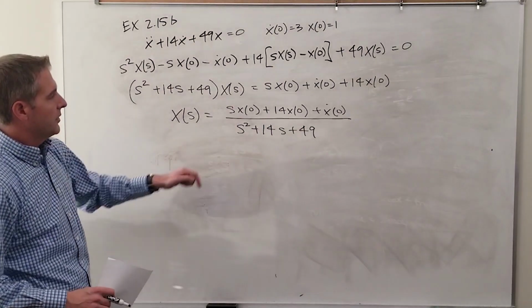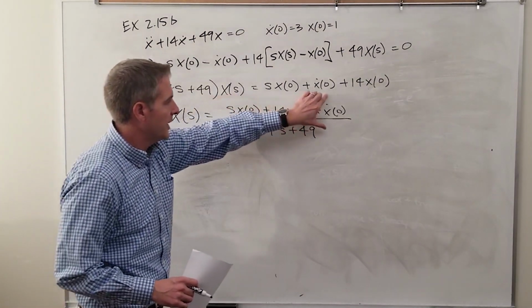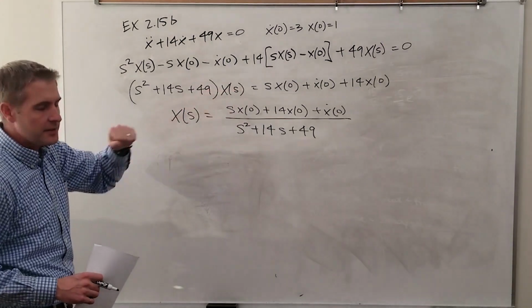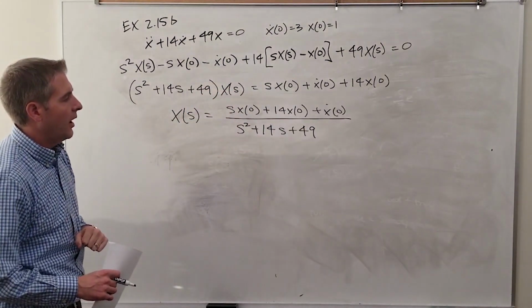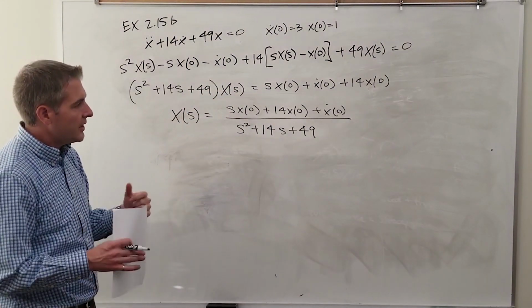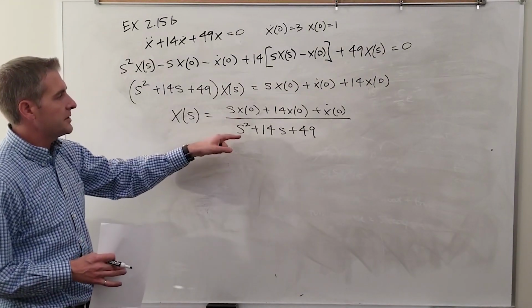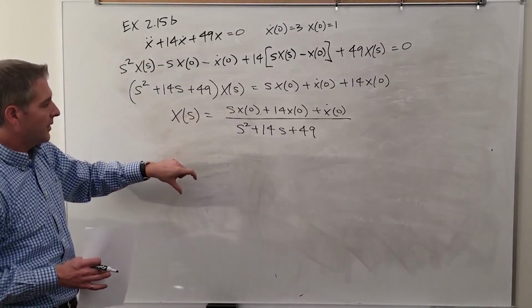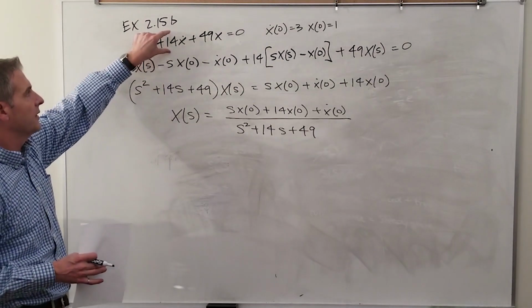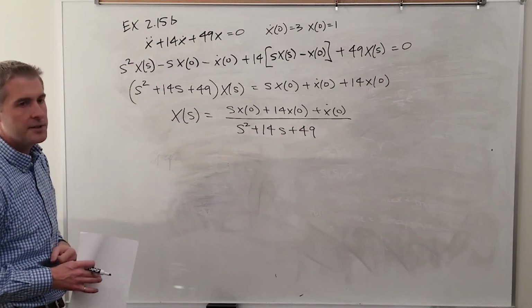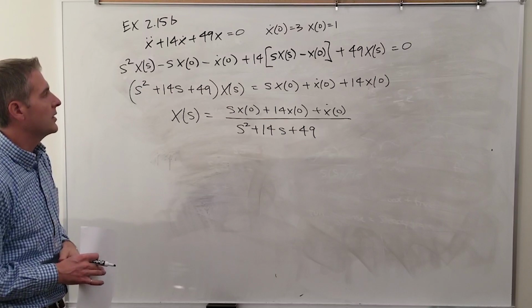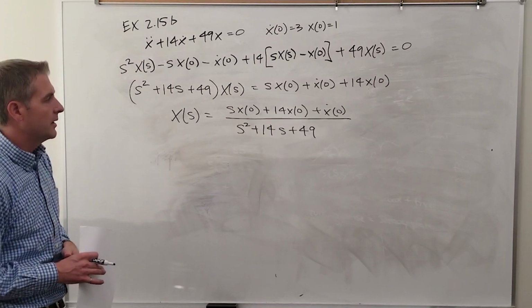Okay, so this is a complicated ratio, and it doesn't exist anywhere in our table, although there might be things that we can do to change it into some sort of set of fractions that would allow us then to take this and convert it back into x(t) so that we can solve this system of equations, or in this case, second order ordinary differential equation.